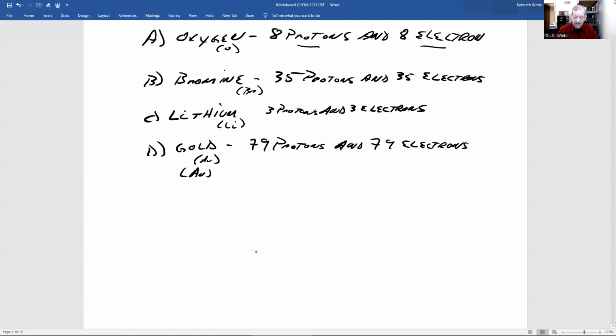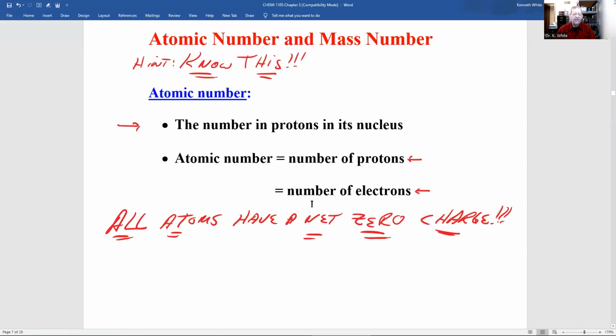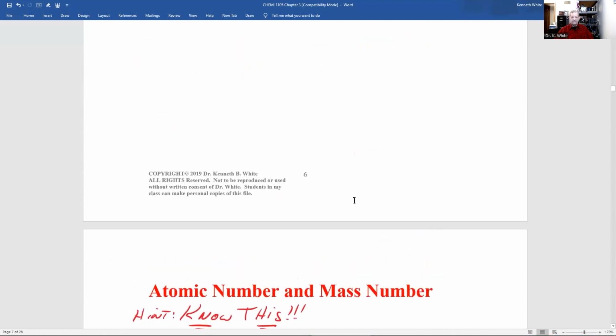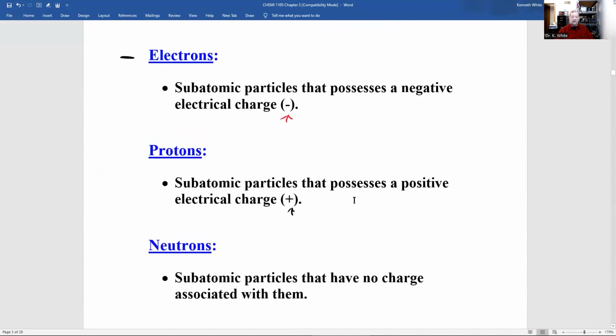This is a skill you should have for test one, and also the rest of the semester, you'll need it. Now, let's review. The atomic number equals the number of protons in its nucleus. Since all atoms have a net zero charge, that equals the number of electrons. And just a quick review.